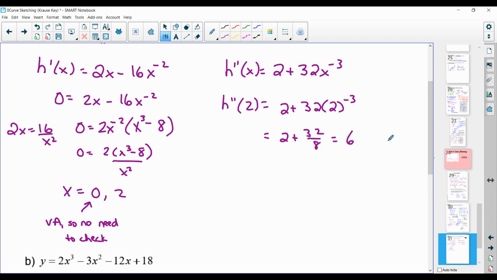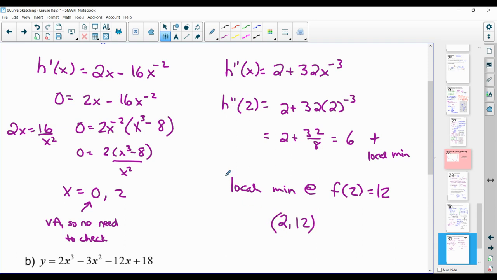In this case, it equals 6, meaning it's positive, meaning we have a local minimum. And so it's a local minimum at f of 2, which equals 12, or we could write that as (2, 12). So it's a local minimum at (2, 12).